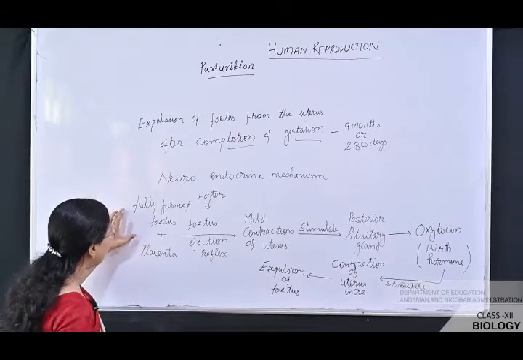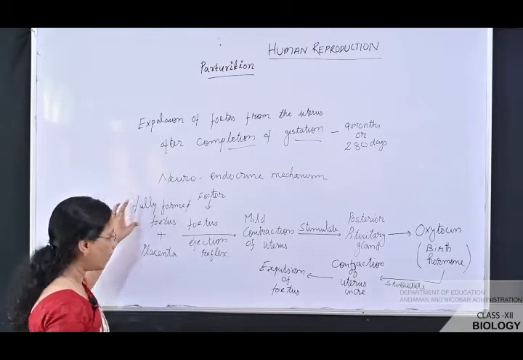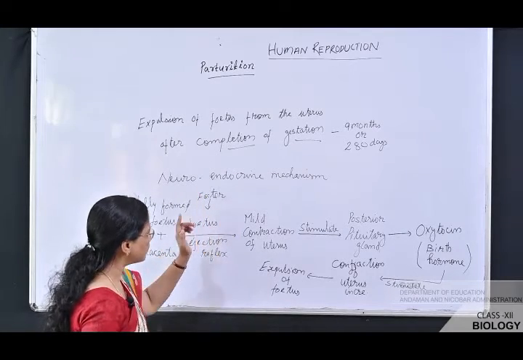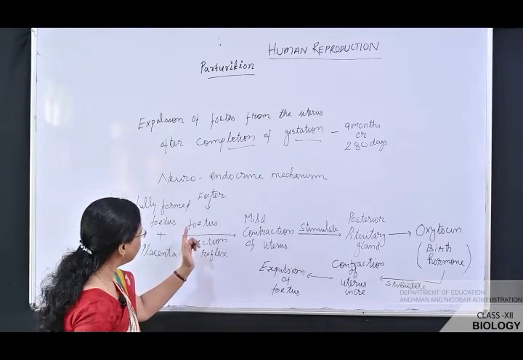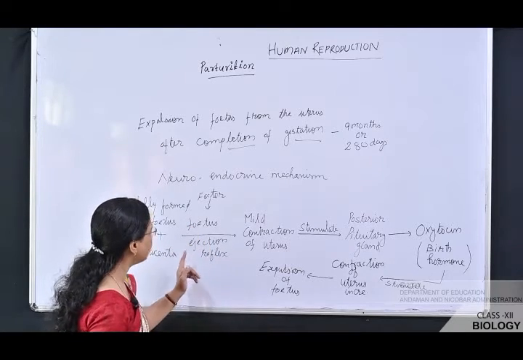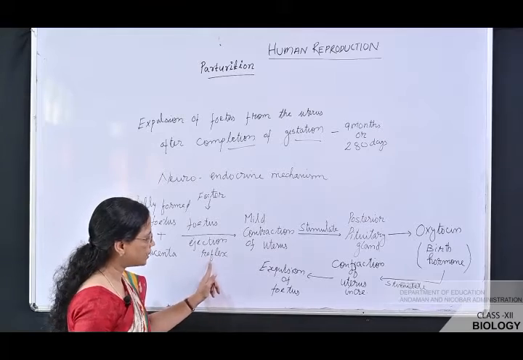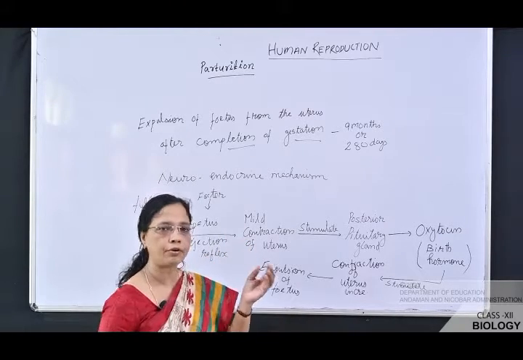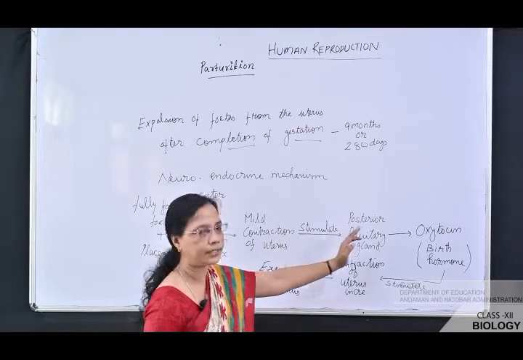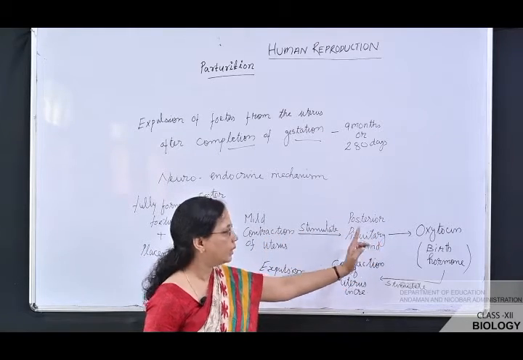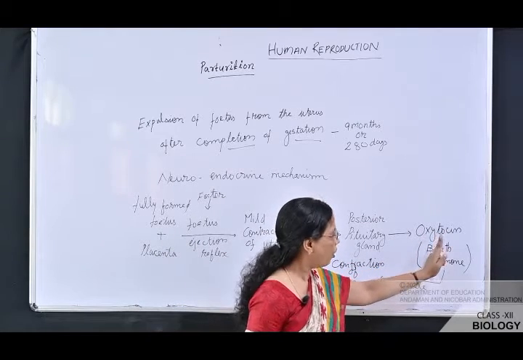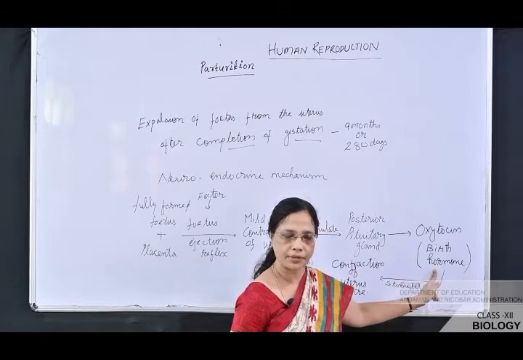So what we have seen: a fully formed fetus and the placenta release a factor. That factor causes a reflex known as the fetus ejection reflex. This reflex causes a mild contraction of the uterus. This mild contraction stimulates the posterior pituitary gland, which releases oxytocin, also known as the birth hormone.